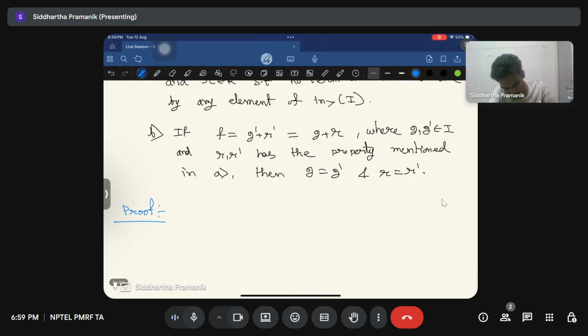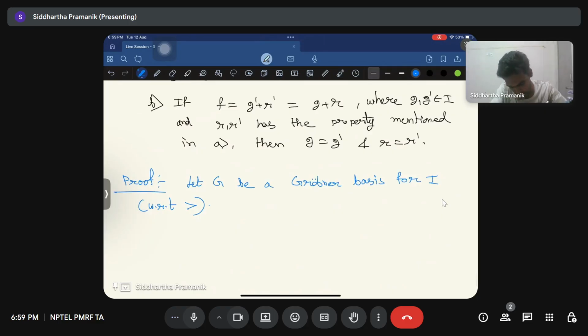So first of all, let G be a Grobner basis for I with respect to the given monomial order. If we divide an element by a Grobner basis, then we know that the remainder is unique.